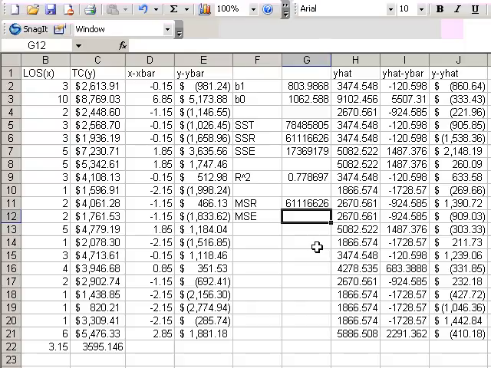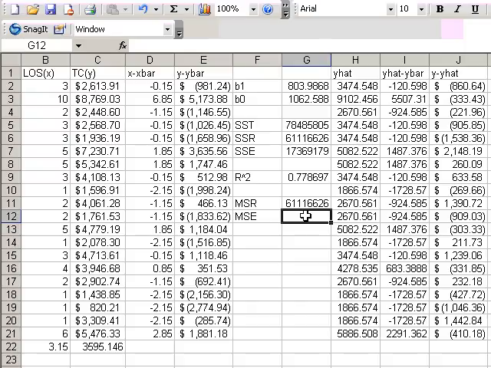Again, in simple linear regression, there is always n minus 2 degrees of freedom in the error. The total sums of squares has n minus 1 degree of freedom, and we take out an additional 1 degree of freedom for the regression line.